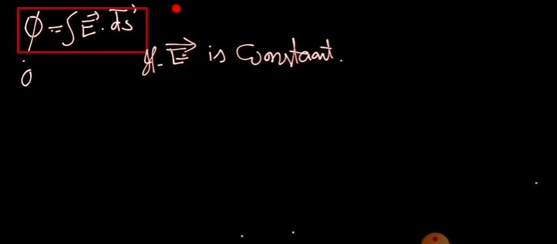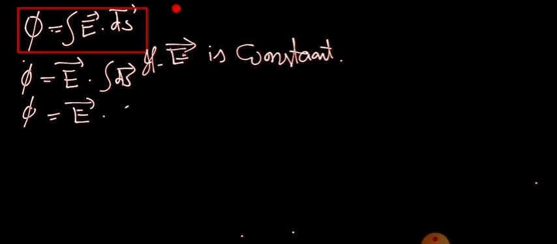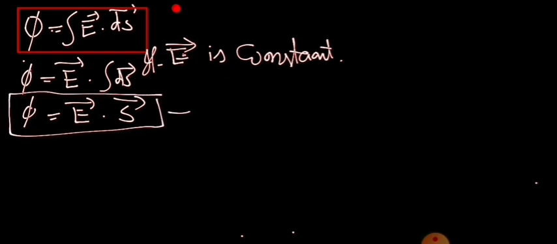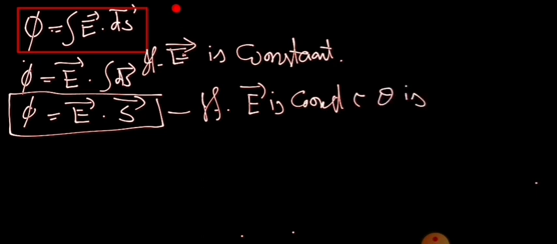The E vector can be taken outside the integration, and the dot product can also be taken outside, and we get phi is equal to E dot S. This can be applied only if E is constant and it makes the same angle, theta is also constant.